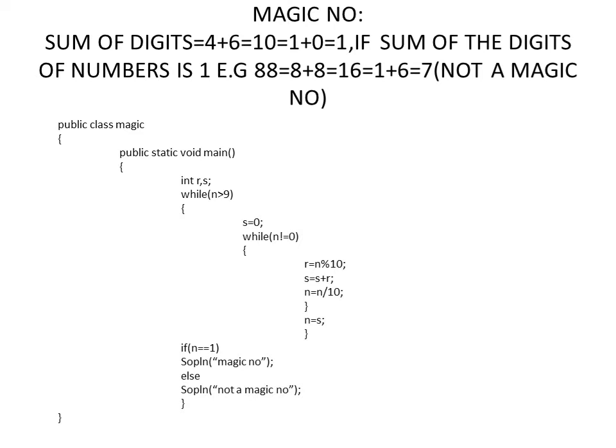The method line statement which has been taught to you is public static void main. After writing that statement, we shall open a brace and close a brace. After closing that, further we will open a curly bracket.